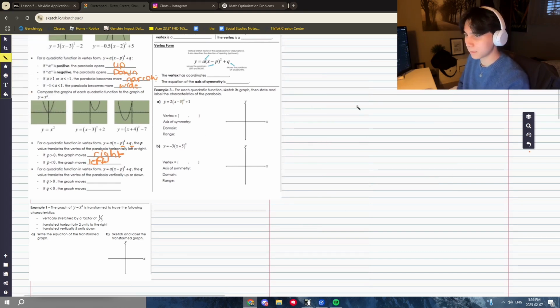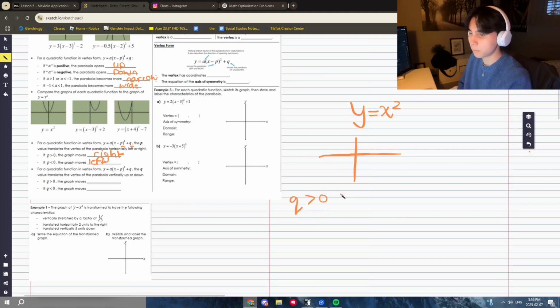So let's go back to this y equals x squared here, and our Cartesian plane. And now we have the same thing. So if q is greater than 0, positive is what that means, it'll be responsible for translating upwards, because if it was negative, it would go down, right?